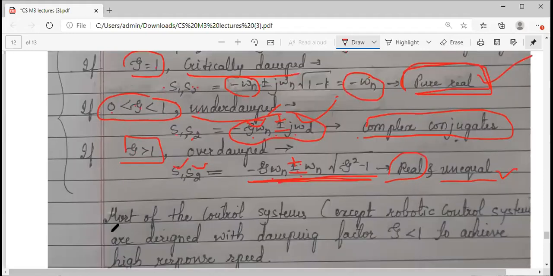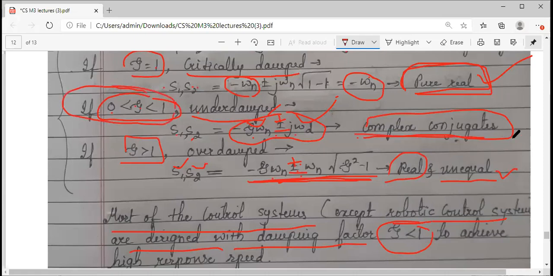But most control systems, except robotic control systems, whatever systems are designed, use a damping factor less than 1. This value between 0 and 1 has complex conjugates as the roots. This is the practical value. We consider zeta less than 1. So I will continue the analysis further.